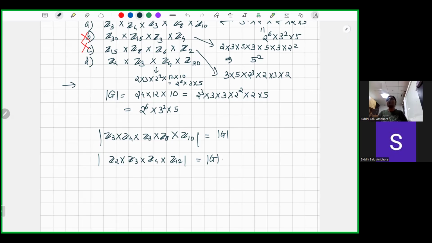It gives us the possible isomorphic groups of abelian groups of that order.